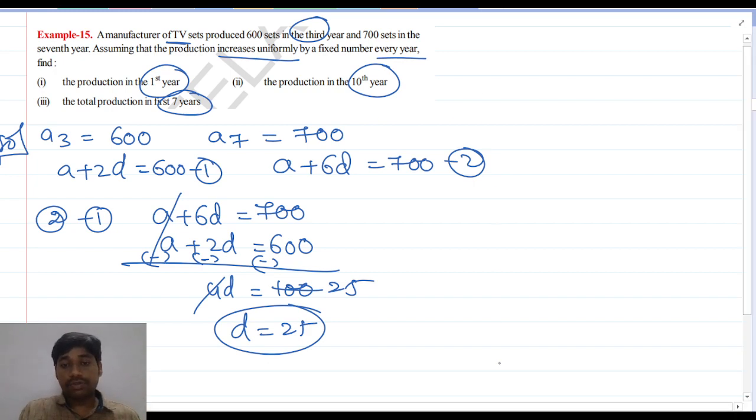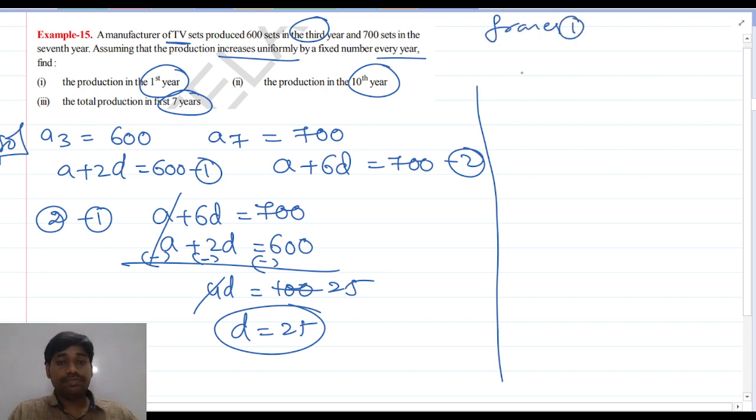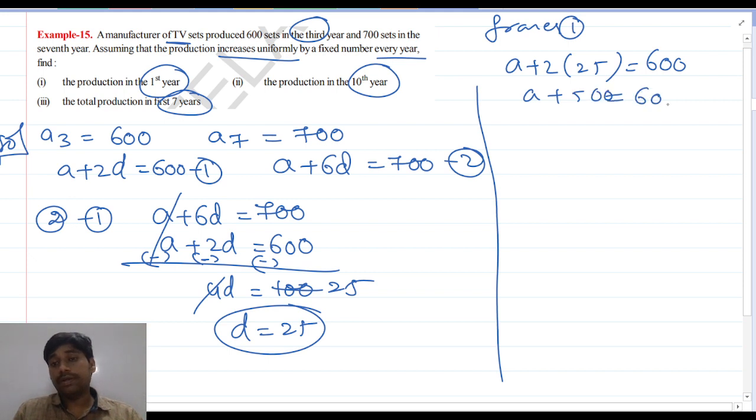Then afterwards, we substitute this d in any one of the equations, say equation 1. a plus 2 into 25 is equal to 600. Then a plus 50 is equal to 600. Then a is equal to 600 minus 50, which is simply 550.